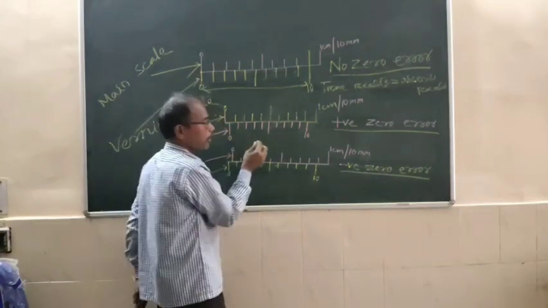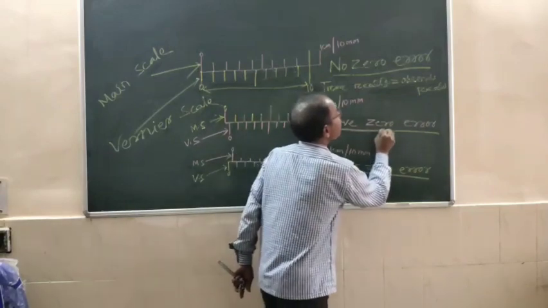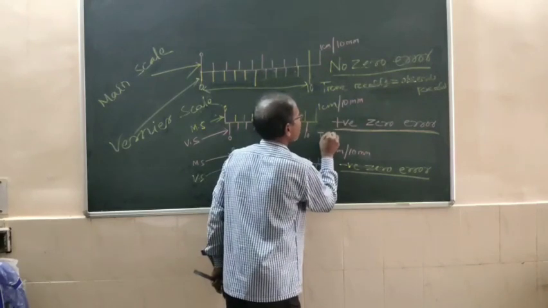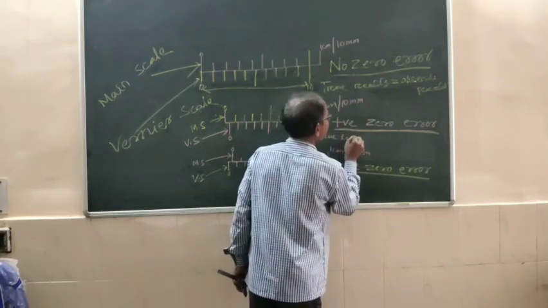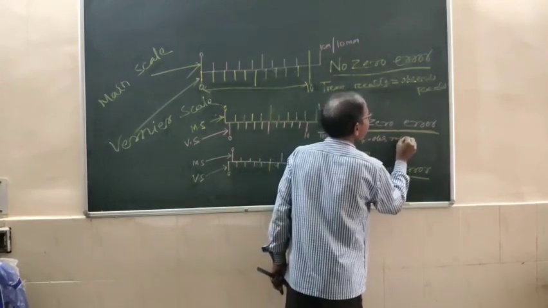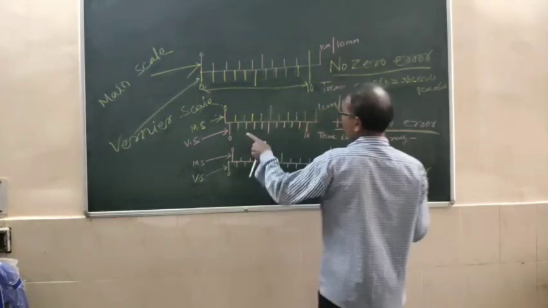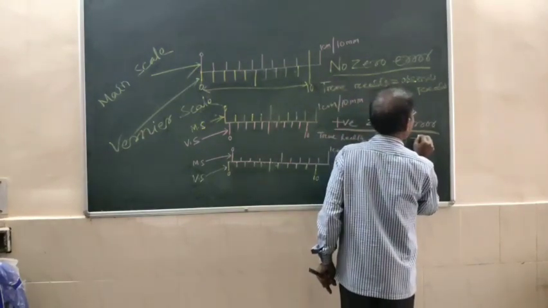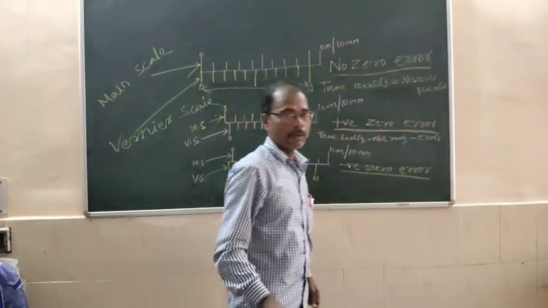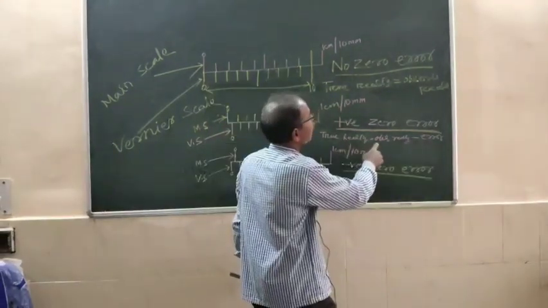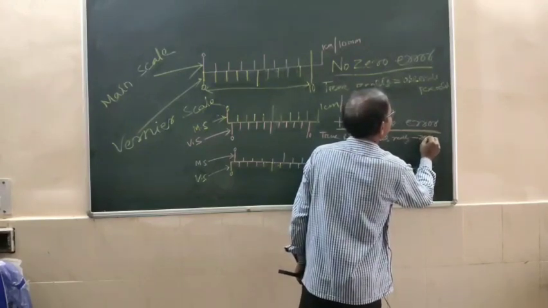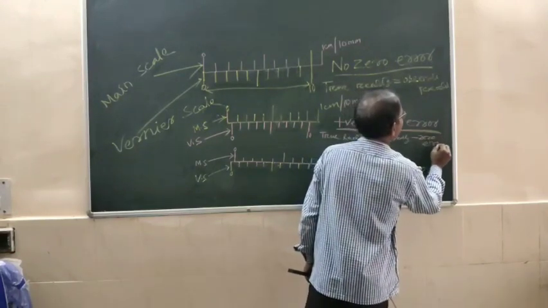In this case, true reading is equal to observed reading minus zero error.